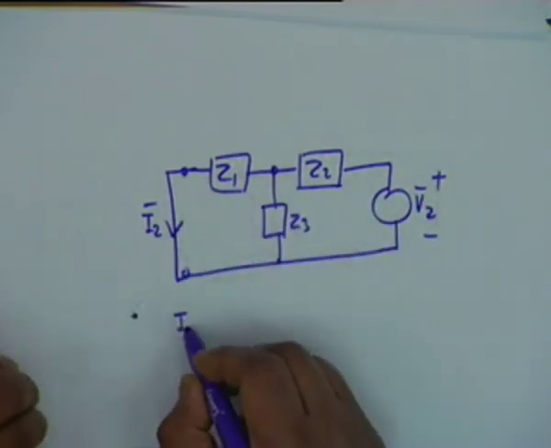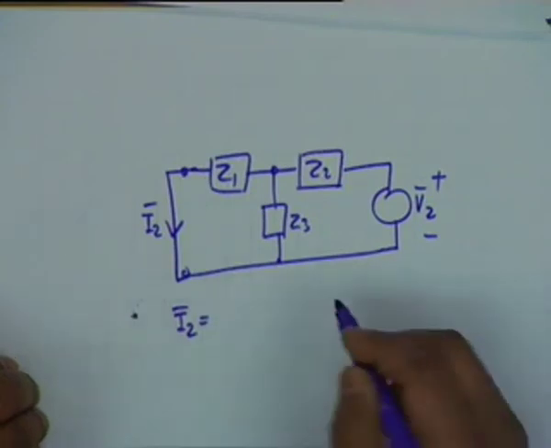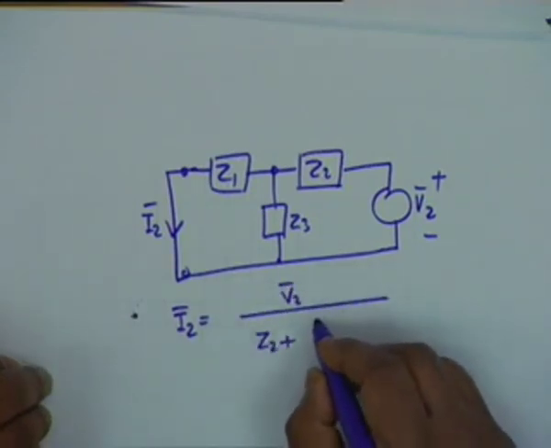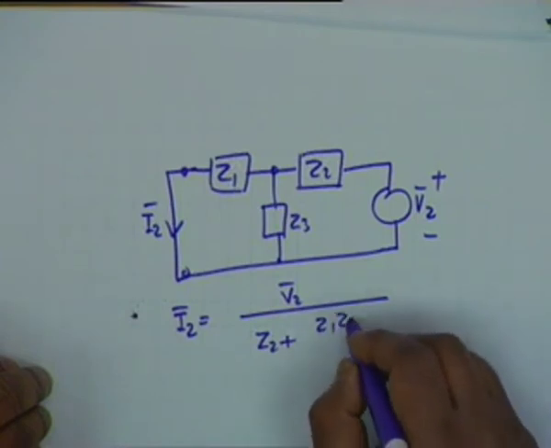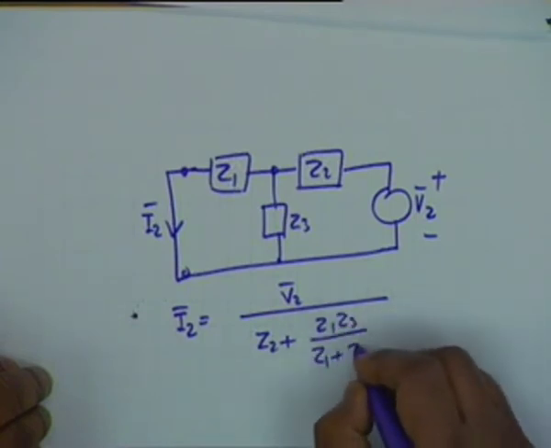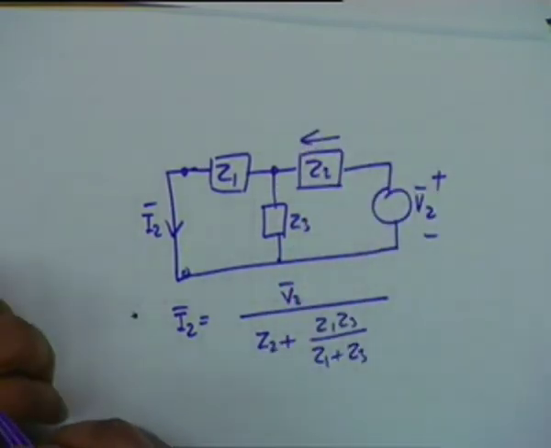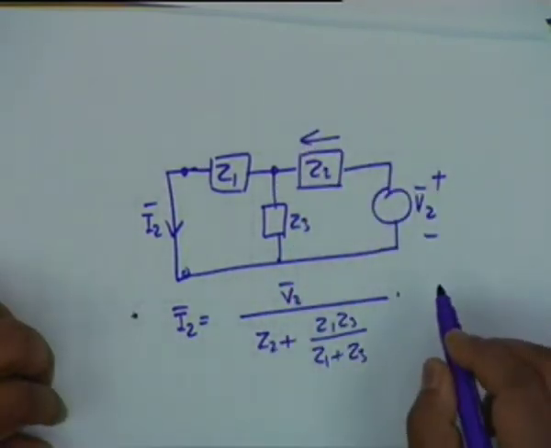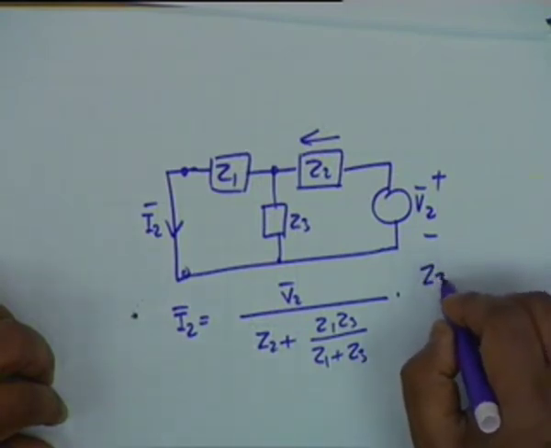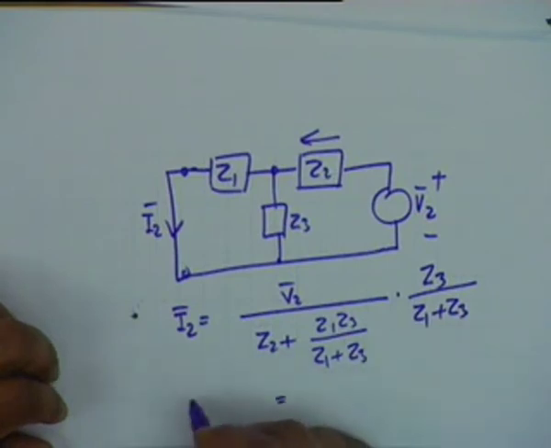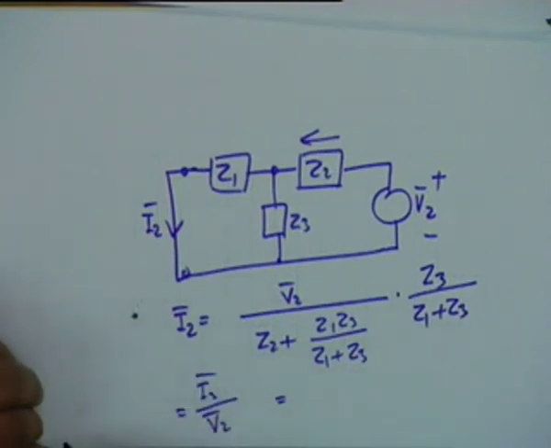Now can you find out I2 bar? The same way, it is V2 bar divided by Z2 plus Z1 Z3 divided by Z1 plus Z3. This is the current through Z2. It will come to be the same. That is correct. This would be Z3 divided by Z1 plus Z3, and you see that I2 divided by V2. What should we call this now?